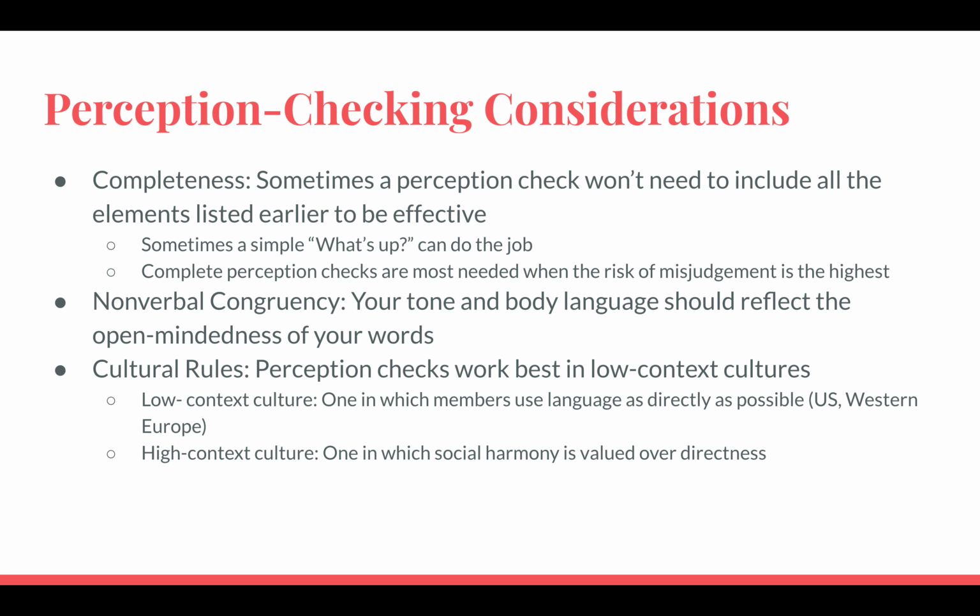Now, generally speaking, perception checks work best in what we call low context cultures. A low context culture is one in which members use language as directly as possible. Generally, the U.S. is considered a low context culture. Compared to many other cultures, we seem to, in this country at least, say what we mean. In high context cultures, they value social harmony over directness. So they're more interested in people getting along as a group than in actually saying what they mean.